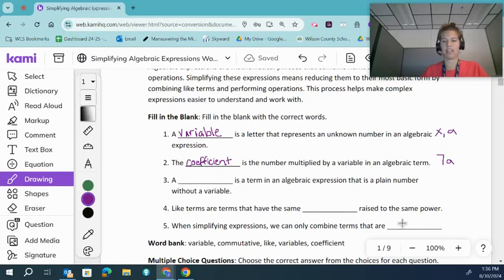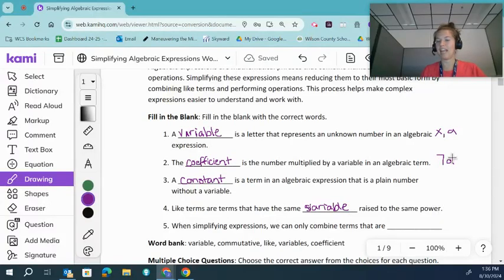Okay, the next one is the constant. A constant is a term in an algebraic expression that is a plain number without a variable. Now, like terms are terms that have the same variable raised to the same power.